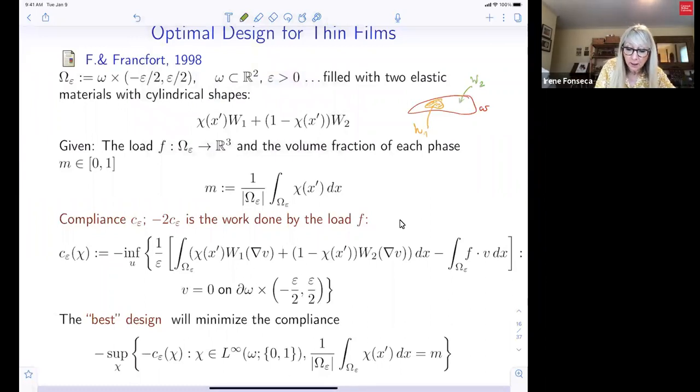You see that here, I'm going to assume cylindrical shapes, right? I'm going to assume that I only vary from one energy density W1 to another one W2, depending on X prime. So you have these cylindrical inclusions, right?